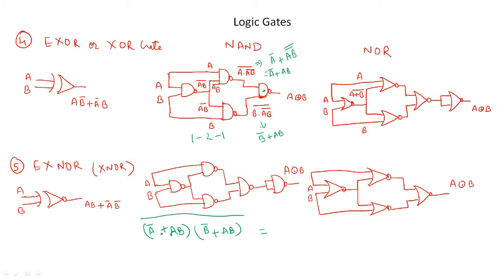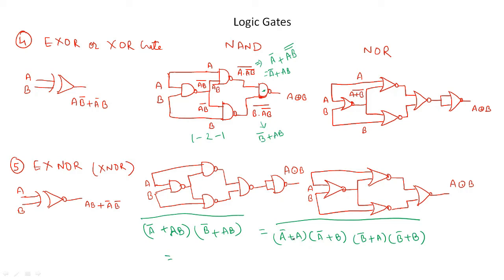Now you can write this A bar plus AB as (A bar plus A) and (A bar plus B), and you can write B bar plus AB as (B bar plus A) and (B bar plus B), whole bar.